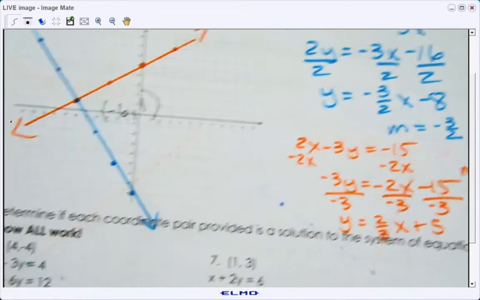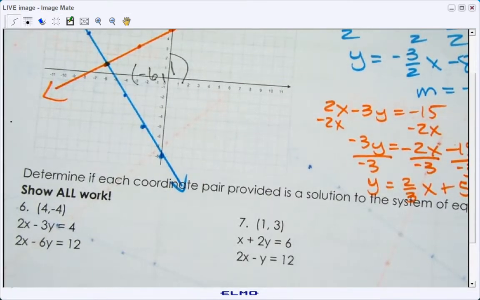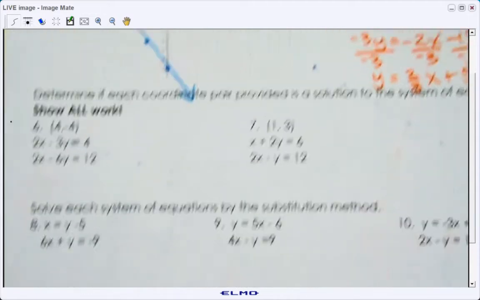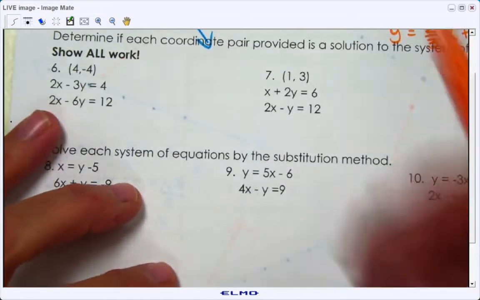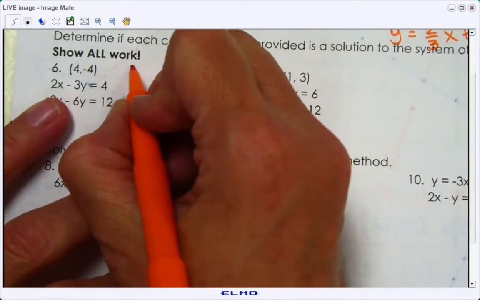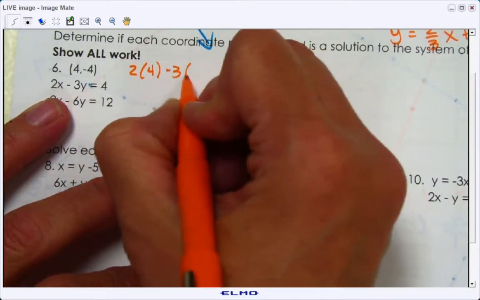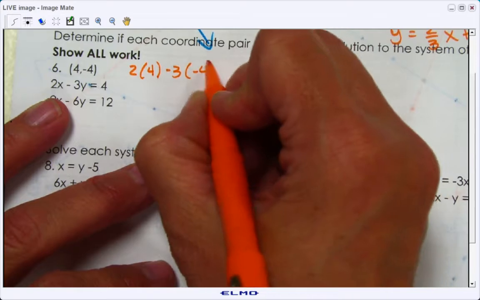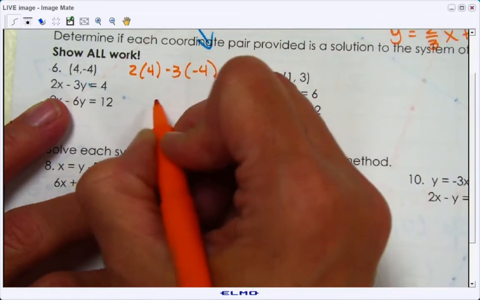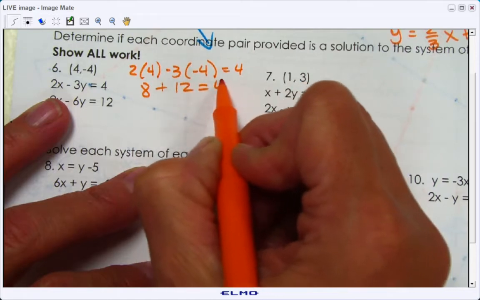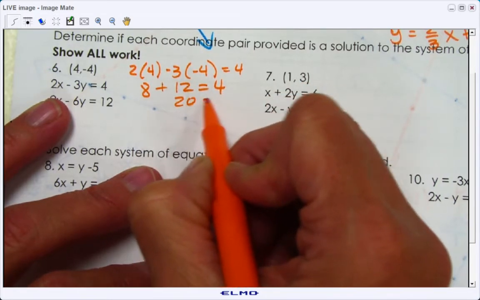Awesome. So next, we have to determine whether there's a solution or not. So all it means is you plug in for x and y and see if it comes out to be true. So I'm going to take 2. I'm going to replace the x with negative 3 and replace the y with 4. So that's 8 plus 12 equals 4. So does 20 equal 4?